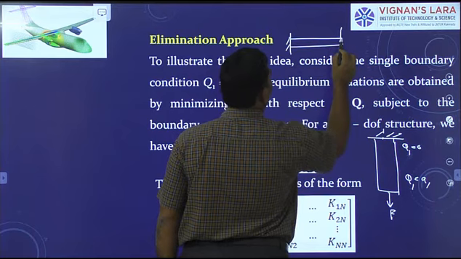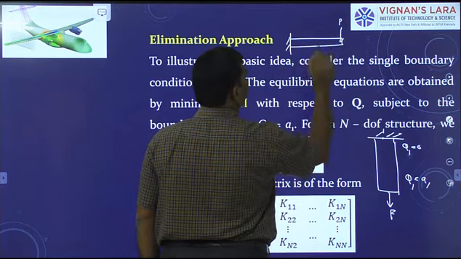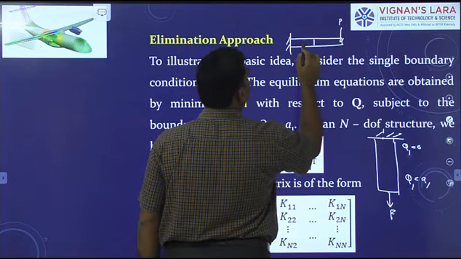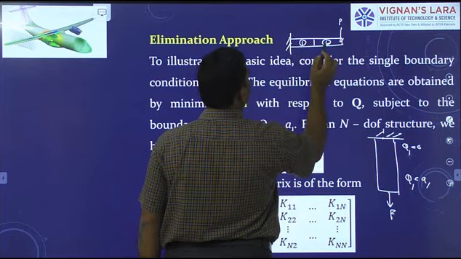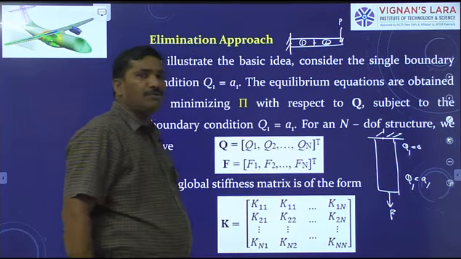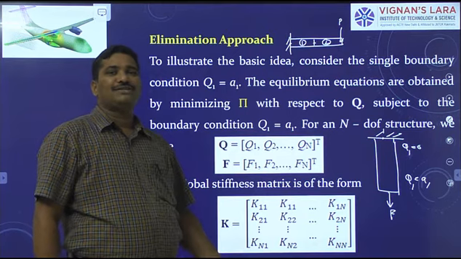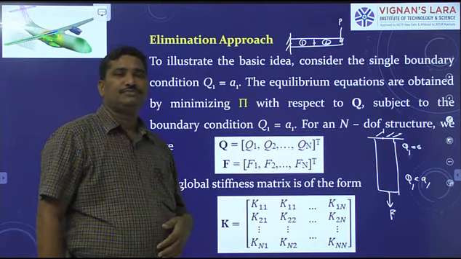It is supporting an end point load P. When I discretize this domain into, say, two elements, this is the first element, this is the second element, and these are the nodes. At the fixed node, the deflection is 0. It is a known displacement. And the slope is also 0. It is a known displacement.